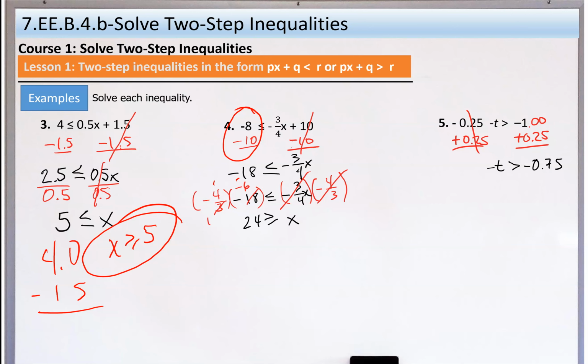So I'm left with the opposite of t is greater than -7500. Remember, my coefficient is -1. So if I'm dividing by a negative number when solving inequalities, I have to switch my inequality sign. That gives me t is less than 7500.